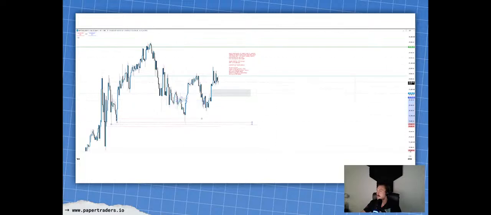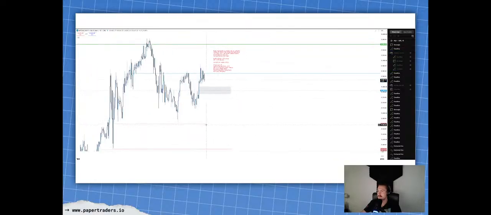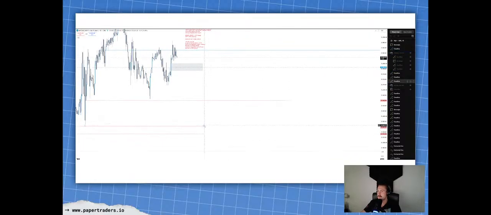Let me put this into my Tuesday journal. You can see that overnight we swept these liquidities, we reversed to the upside. We still have these on the downside, so we're going to keep them.